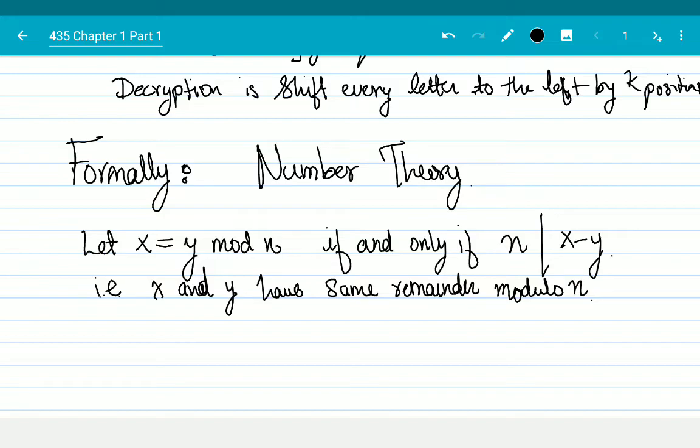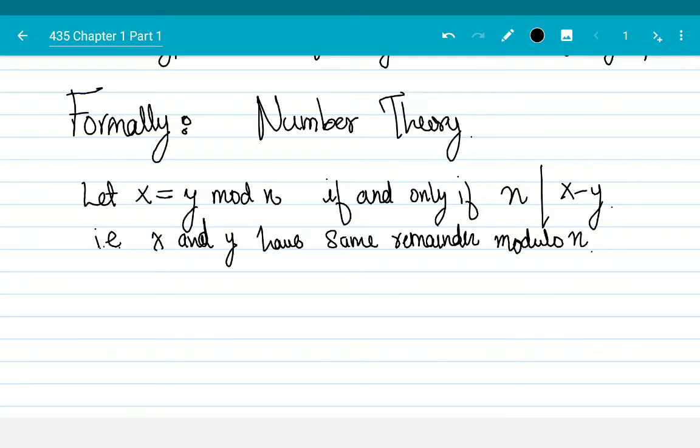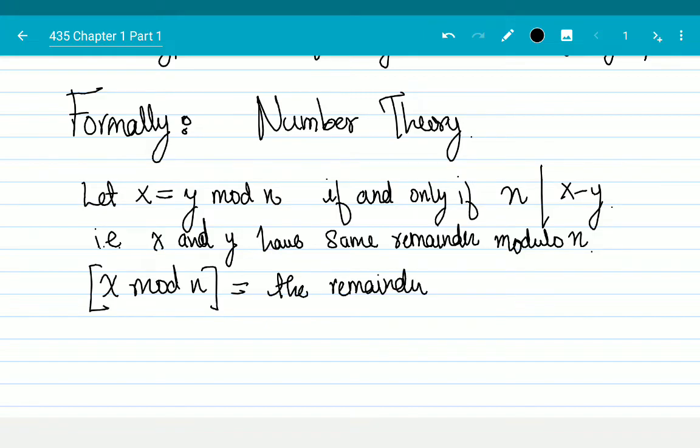Okay, so generally you would write x mod n is equal to the remainder of when x is divided by n.